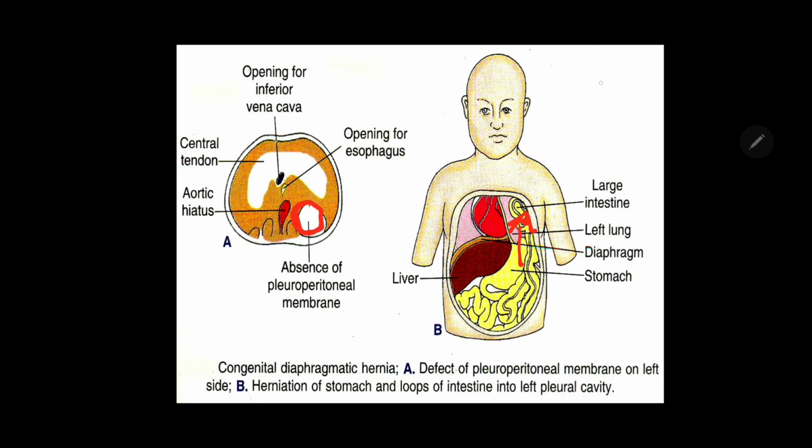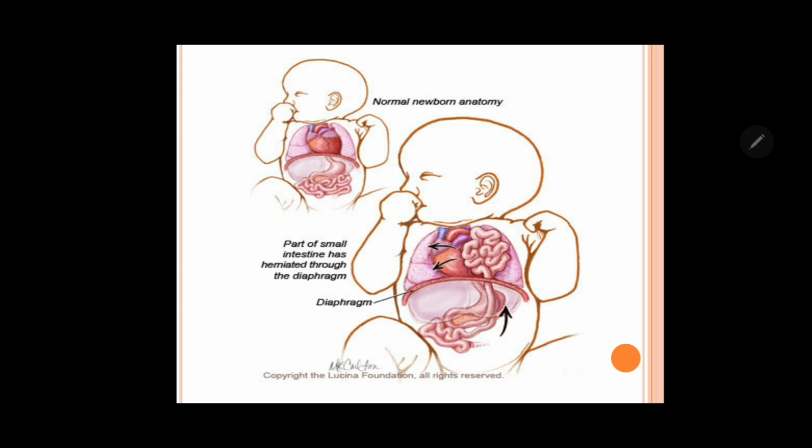The fetus will be stillborn because the lungs won't expand after the first cry because of this herniation. So you can see here coils of the intestine herniating into the thoracic cavity compared to the normal baby, which is complete here.